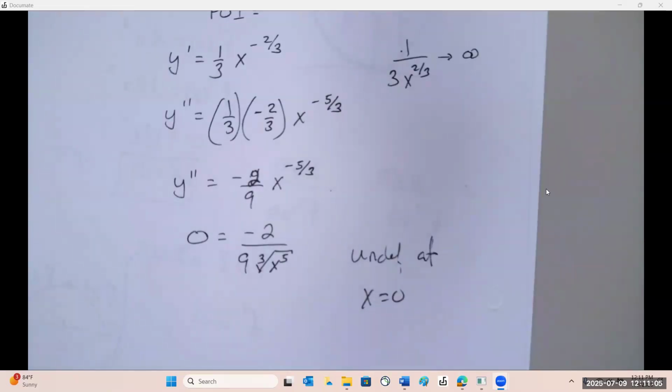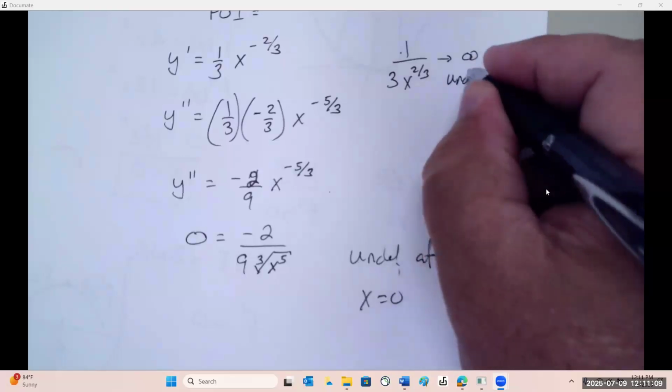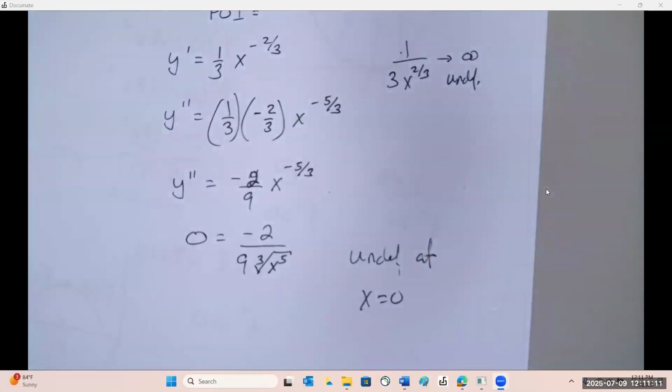So if the slope is undefined, what does that mean the graph looks like? If it was a constant, the derivative would be 0. So the slope being undefined looks like what? It's always going to be a line. What kind of line? It's a vertical line. If it's a horizontal line, it's 0. It's a vertical line, it's undefined.